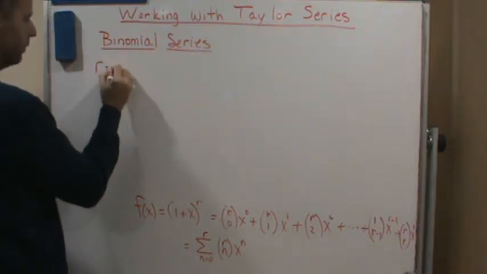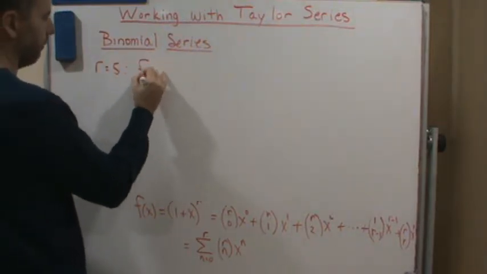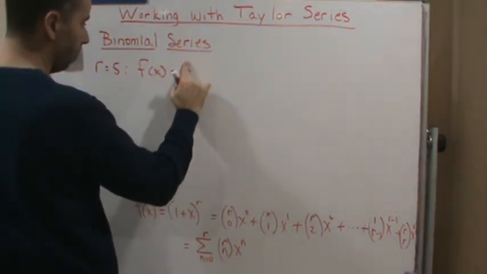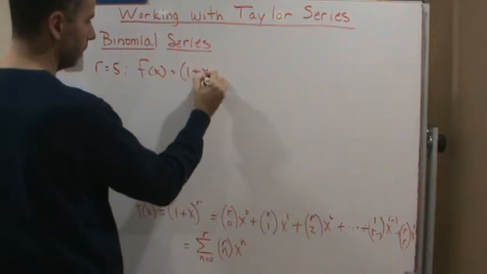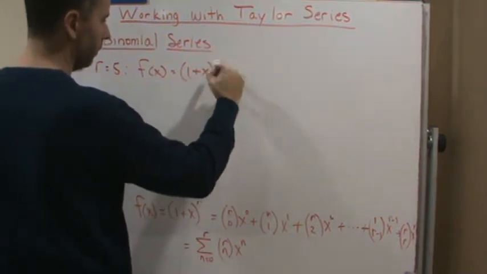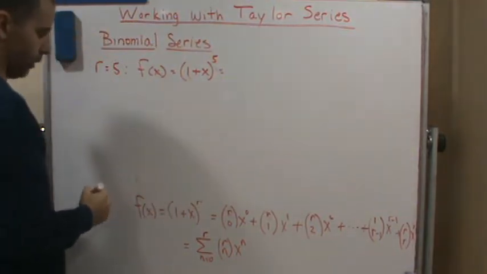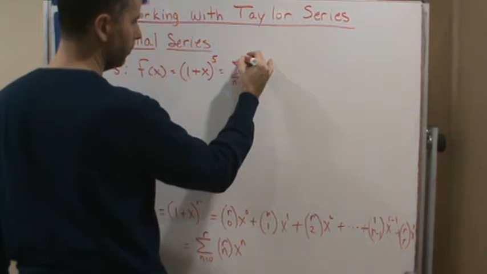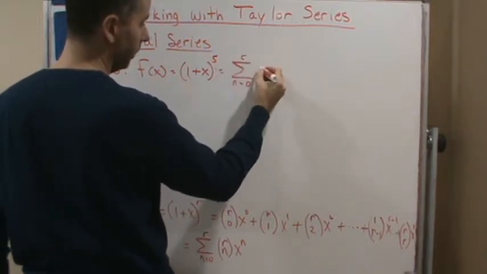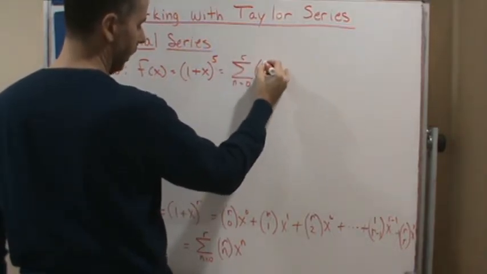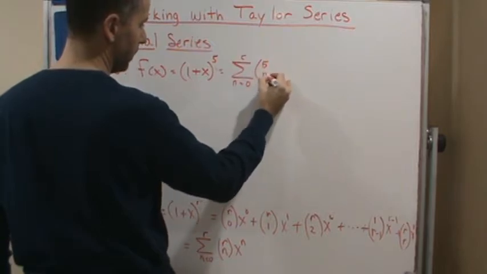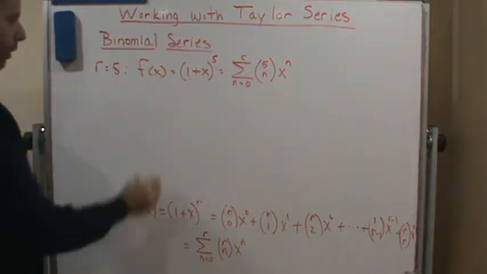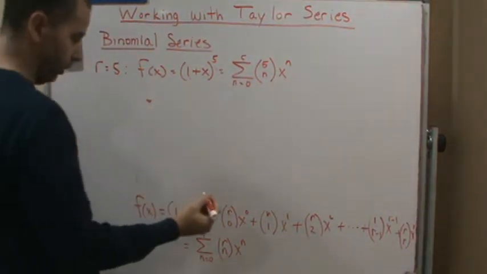If R is equal to 5, then f of x, which equals 1 plus x to the fifth, now is equal to the sum from n equals 0 to 5 of 5 choose n, x to the n. Well, what is this going to equal?